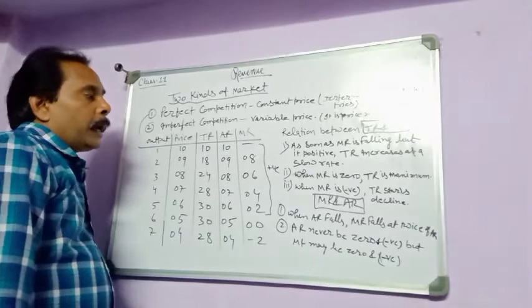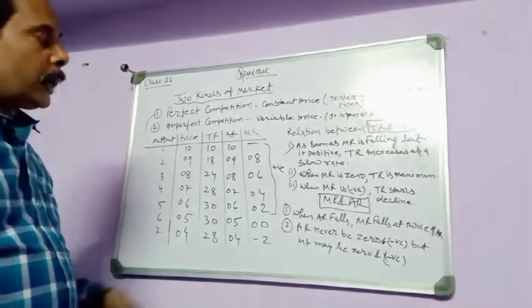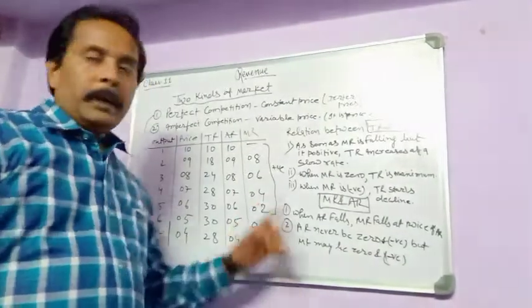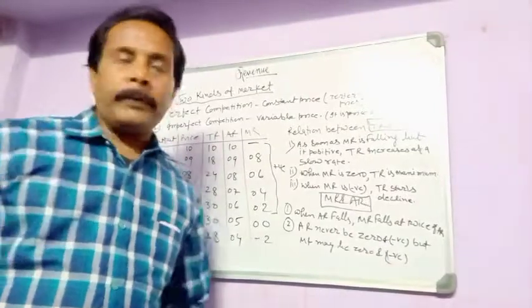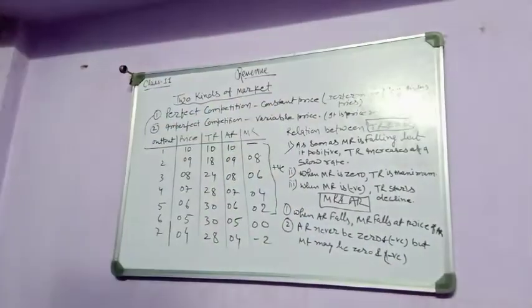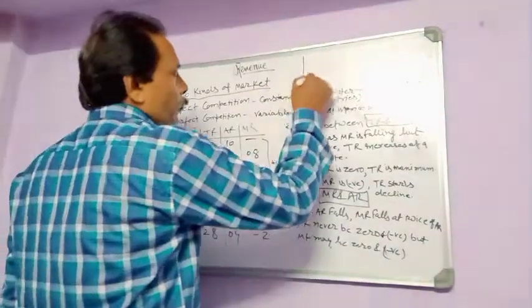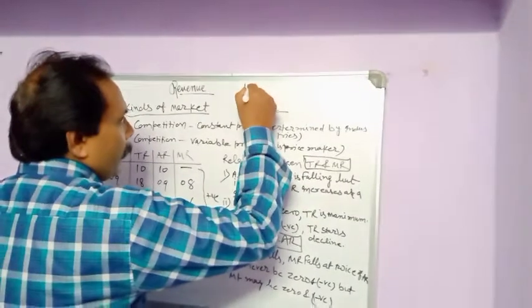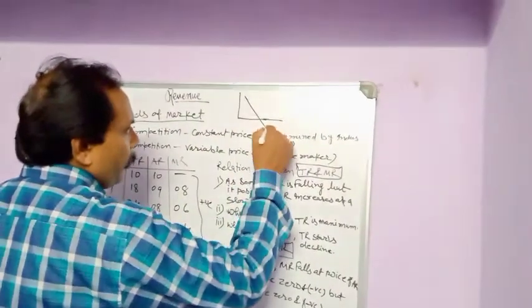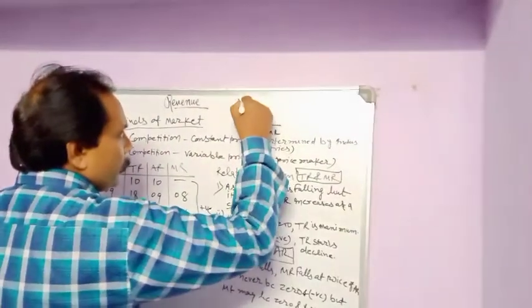Okay, I hope you are able to understand. One thing is left, see here at this point. We find AR and MR. This is the MR. This is the AR.